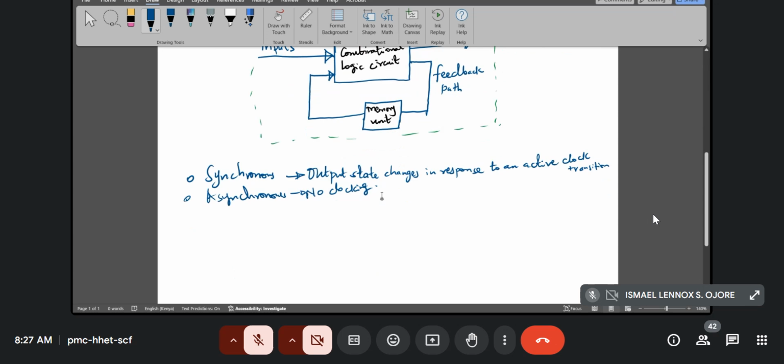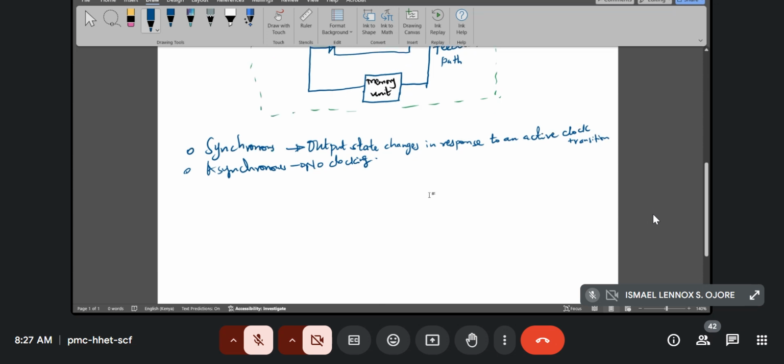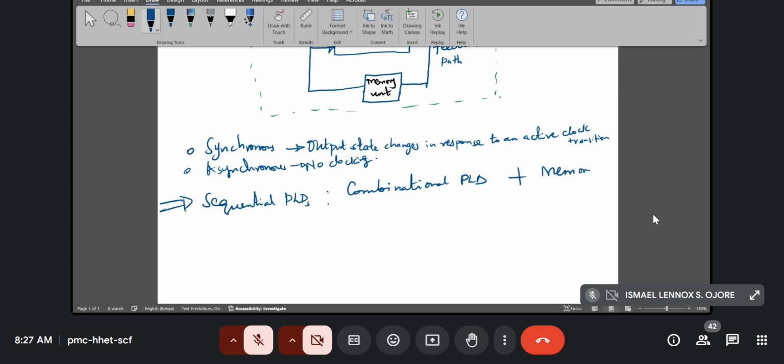So sequential PLDs would mean that we have the combinational PLD, and then we introduce some memory unit.